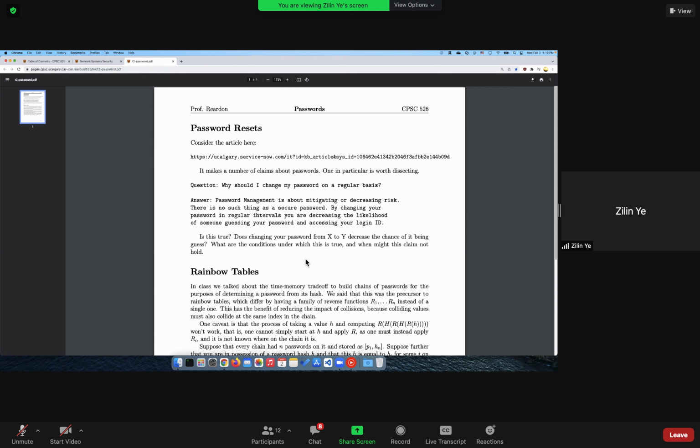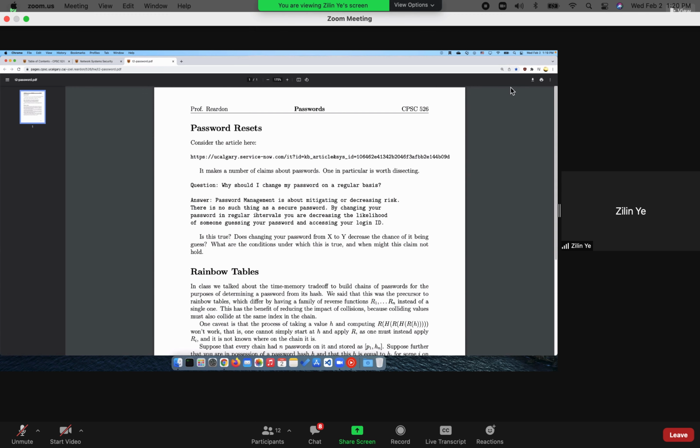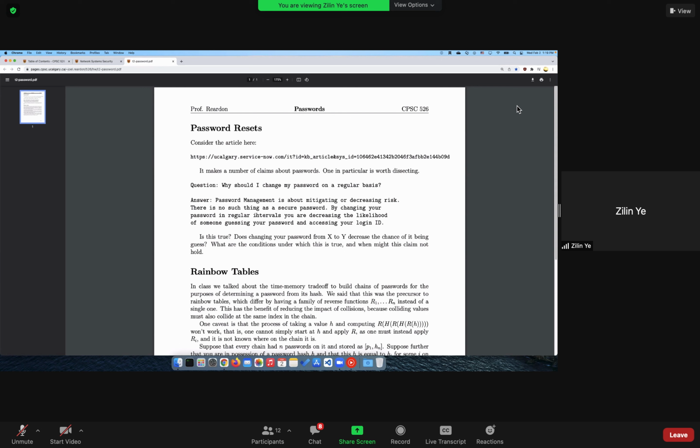Or you have reused the password for uCalgary, and the other website you use the same password on has had their database compromised, and that is the case when you need to consider resetting your password.